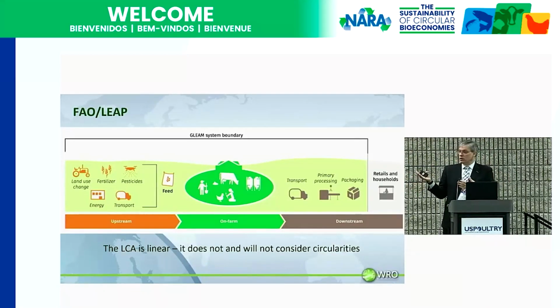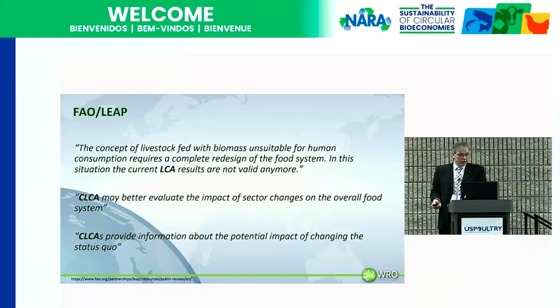Consequential life cycle analysis, a completely different approach. It's no longer linear. It will consider the circularities, or better, it will consider what happens if this way of use changes to another way of use. So what is stated in this report when they compare LCA to CLCA?